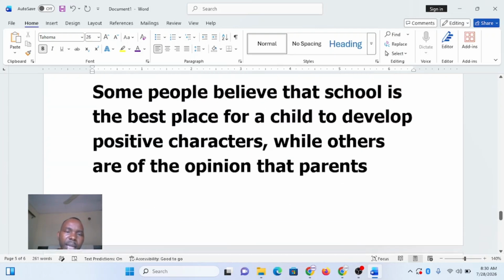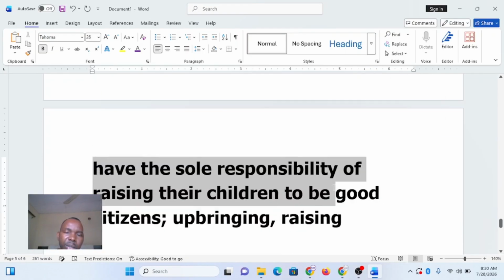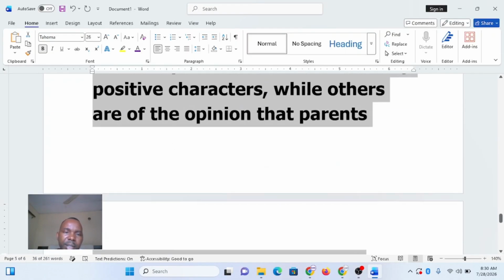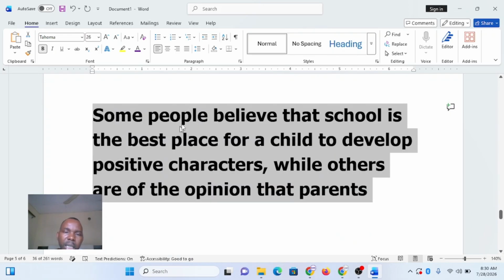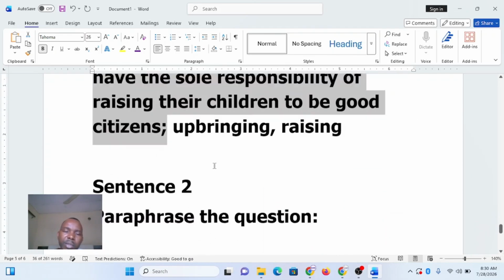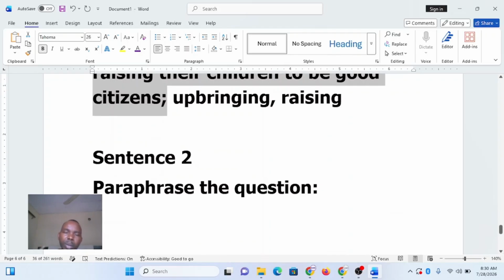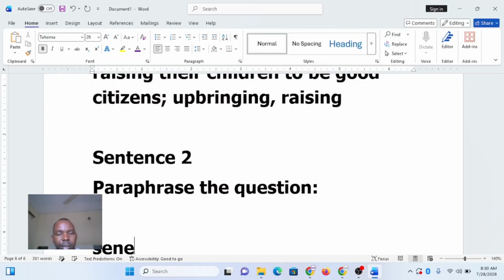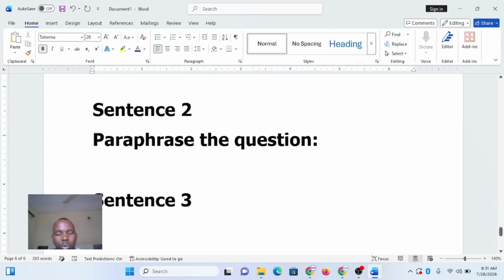So you look at the entire question, and then you paraphrase it. Paraphrase means you restate it in a different way. You are not just going to copy it the way they gave it to you and put it there. No, you paraphrase it. And then the third sentence, sentence 3, is to state your opinion. In fact, the best way to say it is to say what you will do.